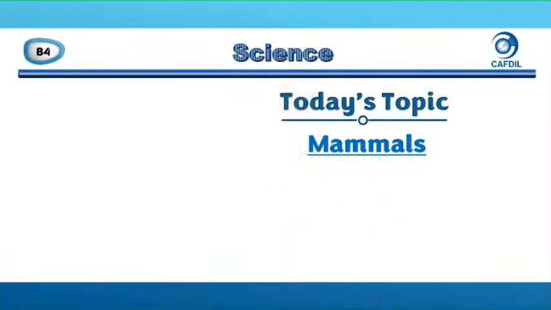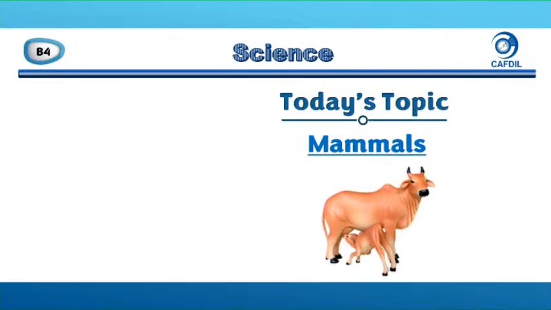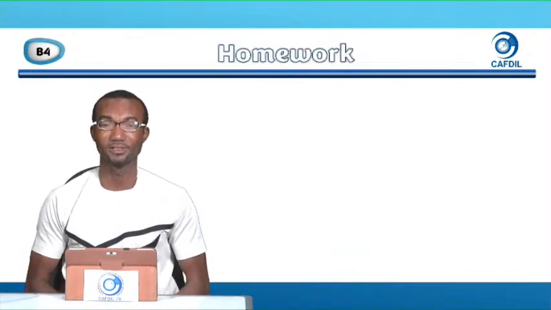The topic for today is mammals. What you see on the screen is an example of a mammal. But before we start the lesson, let's look at our lesson objectives.